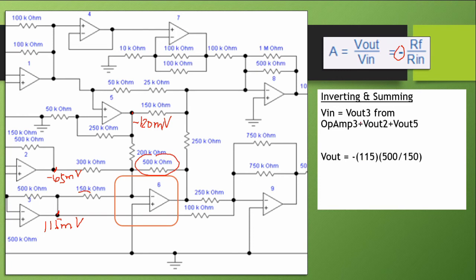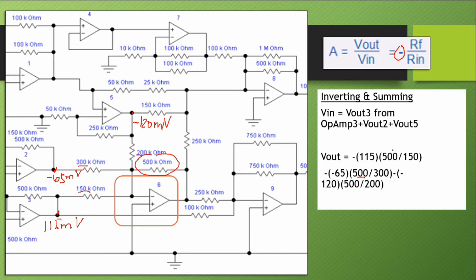And then for V2, that's negative of negative 65 times 500 over 300. And then for negative 120, negative of negative 120 times 500 over 200k.